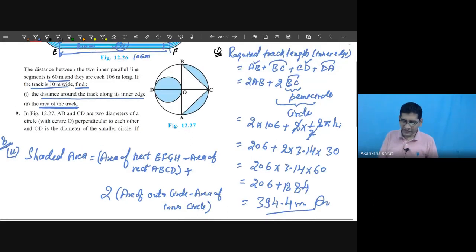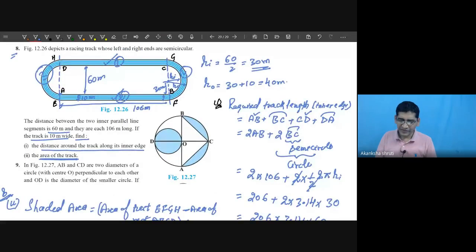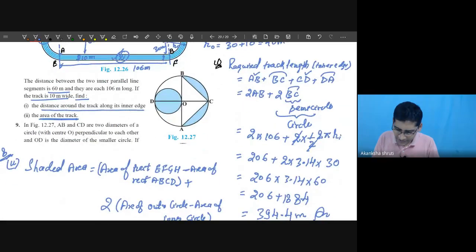So by substituting in this formula we can get it. This is one way where the length and width of the bigger rectangle and the smaller rectangle, everything is known to us. Or even, student, this first part can also be understood like this.